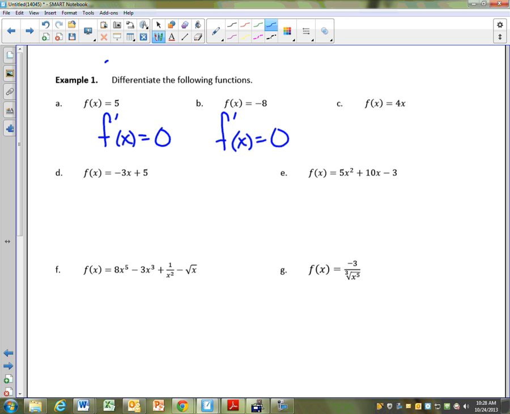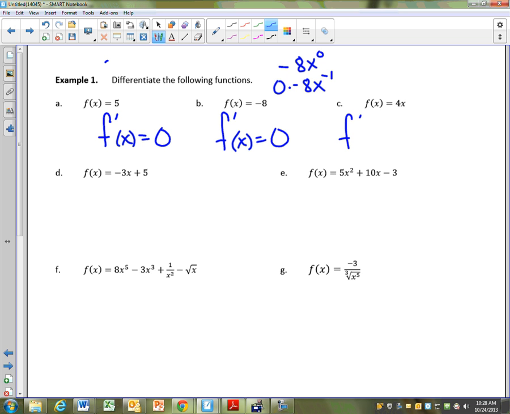I'll show you how it works with the power rule. If you have negative 8, that's times x to the 0 power. If you drop the 0, you get 0 times negative 8 times x to the negative 1. Well, 0 times anything is 0. And for 4x, what's going to be the derivative?